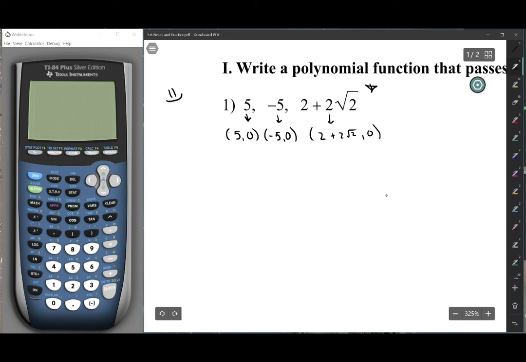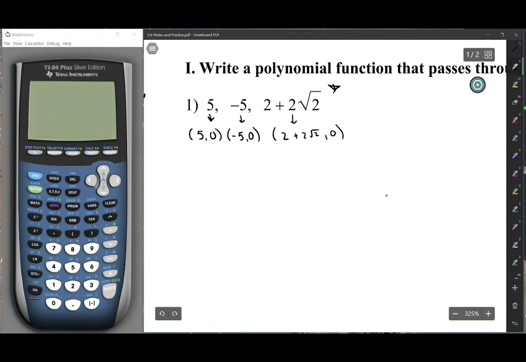Now, there's actually a hidden 0 that they didn't list here, and this is our first little trick for today. This is part of a theorem known as the Conjugate Theorem. Basically, any time that you see a square root factor, you have a freebie factor that is always the opposite in between. So we already have 2 plus 2 roots of 2, and we always have the plus and minus as far as roots are considered.